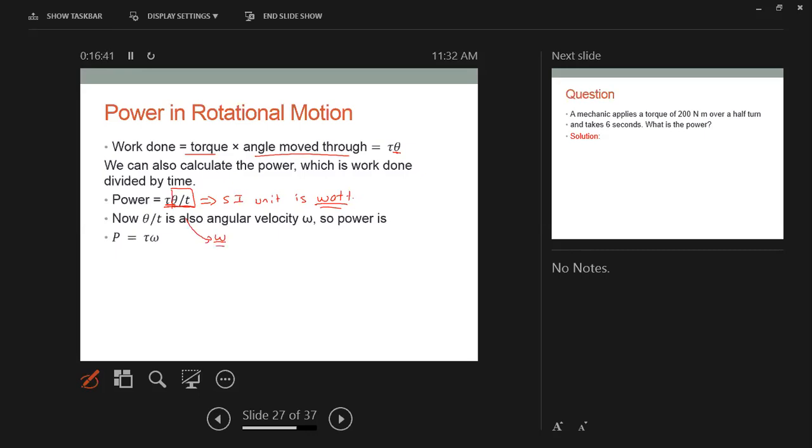When we replace it here, the formula will be torque times angular velocity. This is going to be our formula. Torque times angular velocity will give us power. Okay. All right. Let's move on.